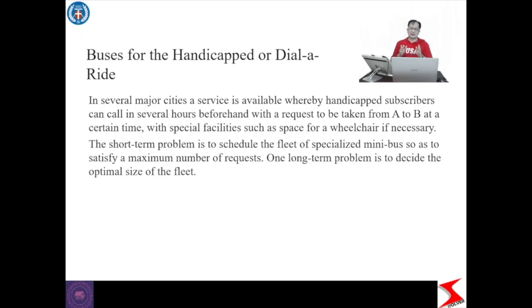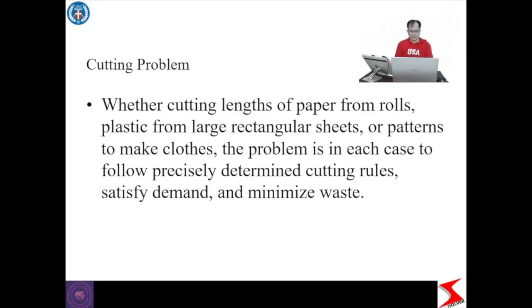So we have the same scenario. We can do the long-term problem or the short-term problem, depending on your objective. Cutting problem.